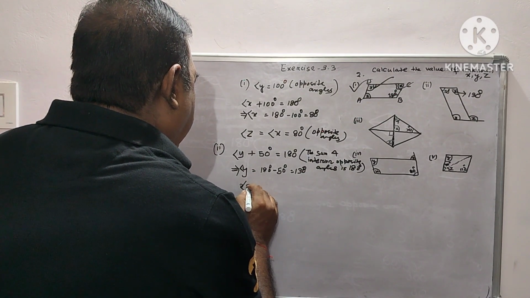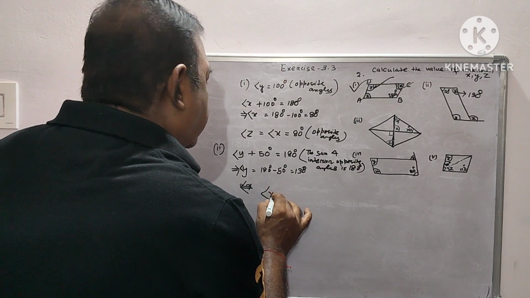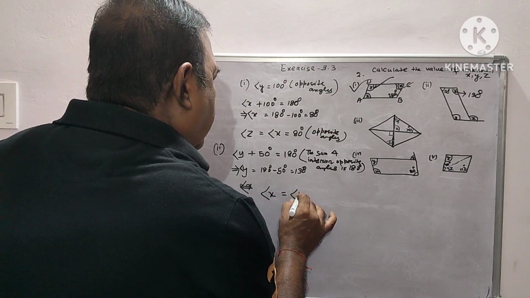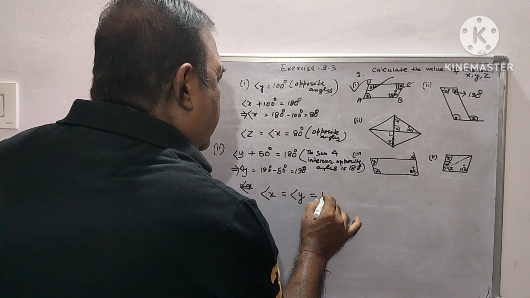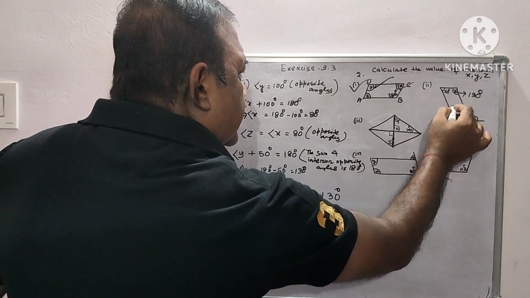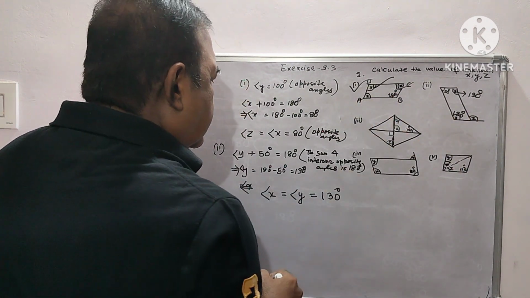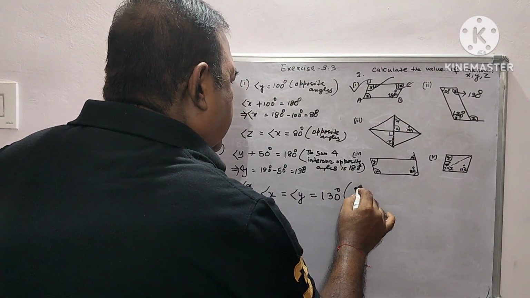So angle x is equal to angle y is equal to 130 degree. Because opposite angles are of equal measure, you may write here opposite angles.